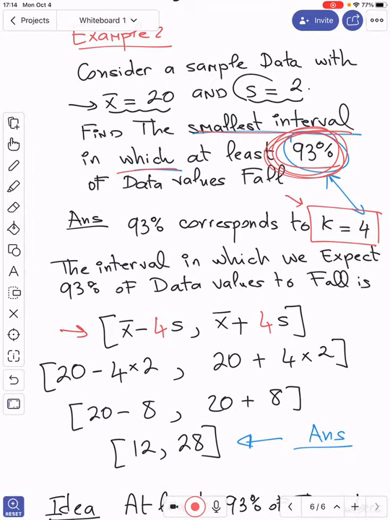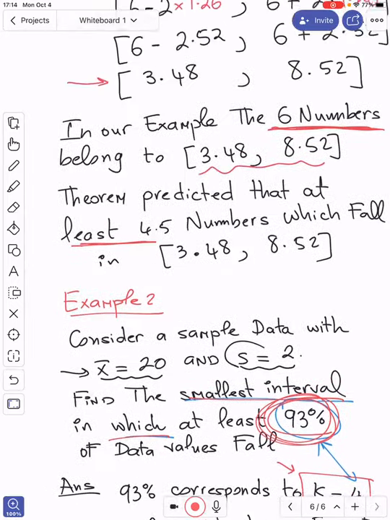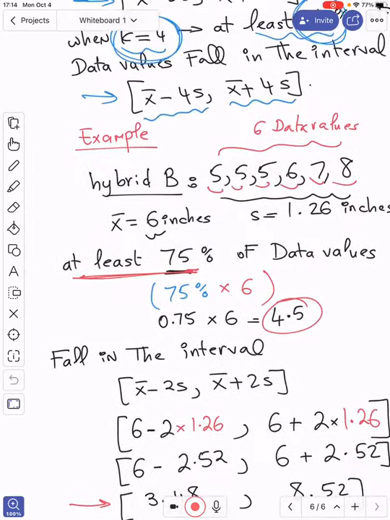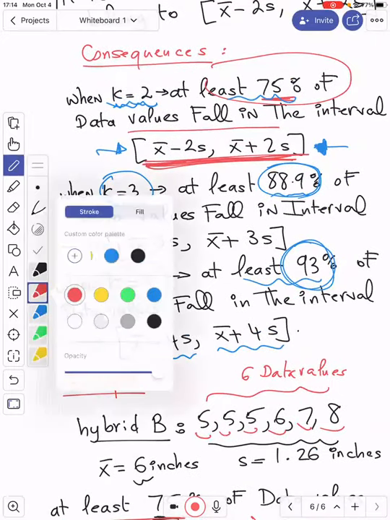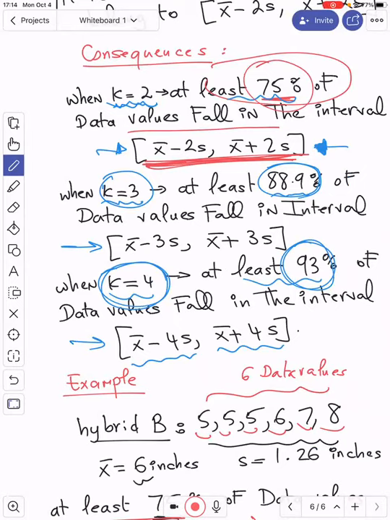Now, if you have a different percentage, for example 75% in the problem, then we need to use the interval x bar minus 2s, x bar plus 2s, because your k would be 2, etc. So the percentage is just given in the problem. It depends on the problem.